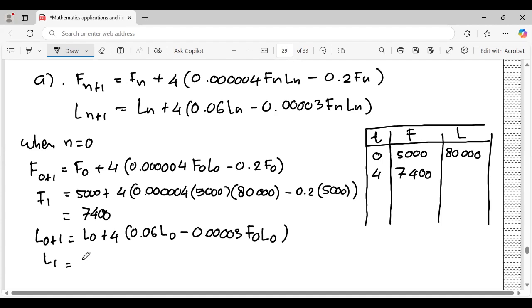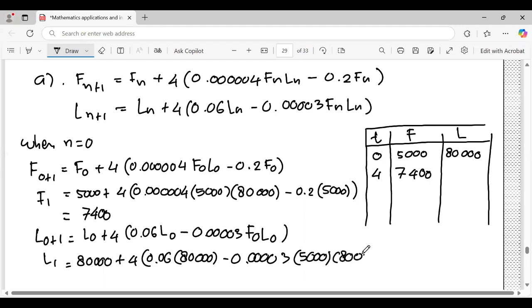So L1 equals L0, which is 80,000, plus 4 times (0.06 times 80,000 minus 0.00003 times 5,000 times 80,000).